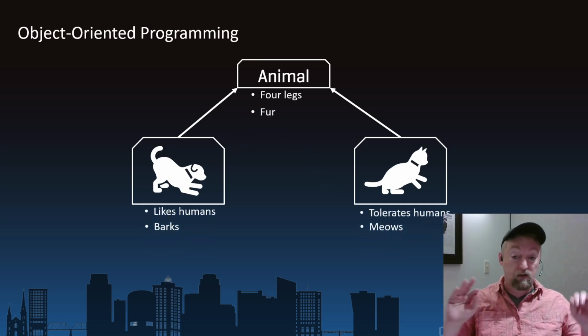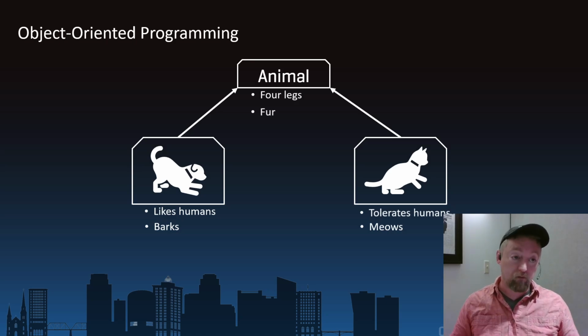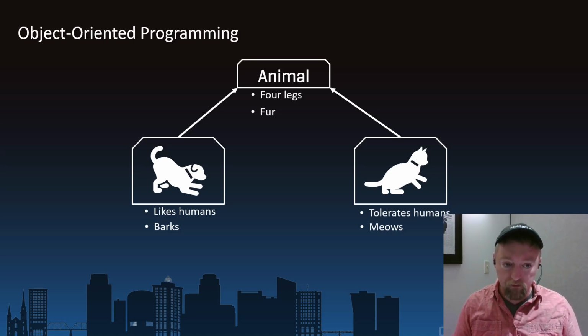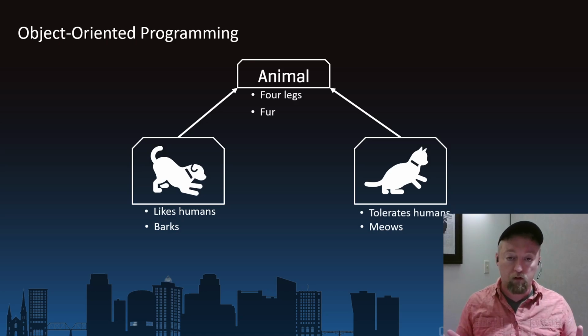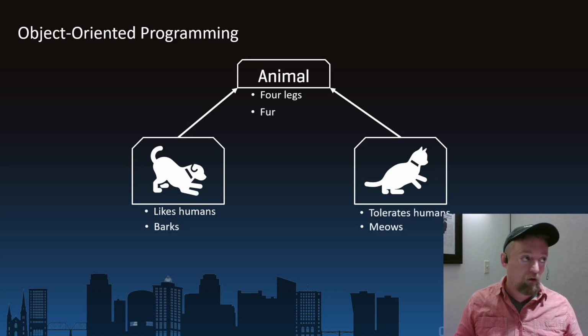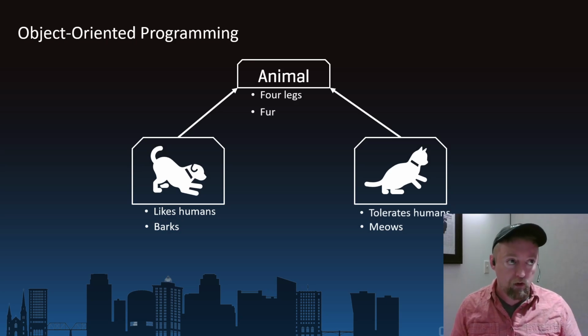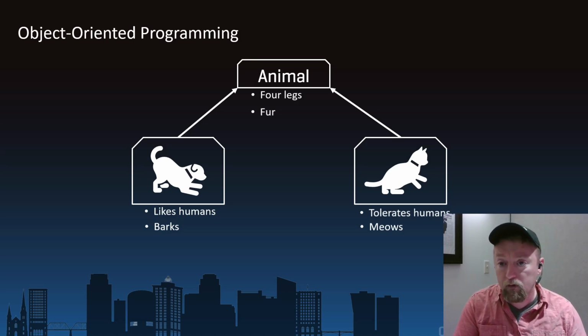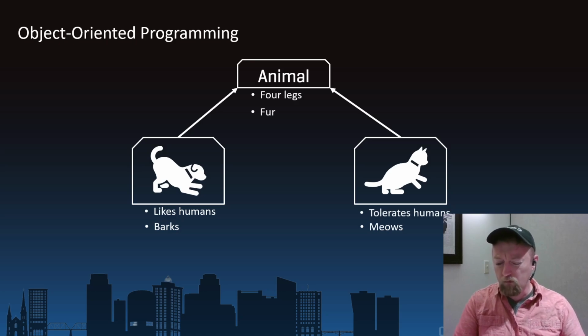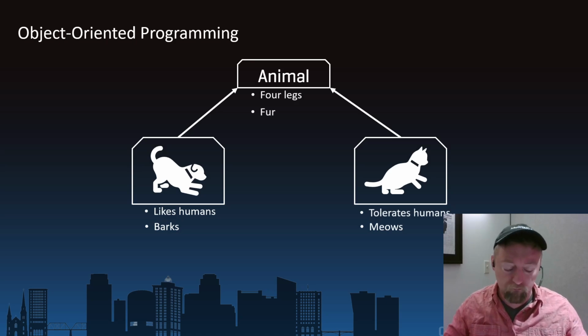Leave the things that are specific to dogs and cats in those descriptions. This is a feature we call, well, depending on what we're talking about, it could be different things. I'm going to call it inheritance. It's also related to something called polymorphism. Doesn't matter.